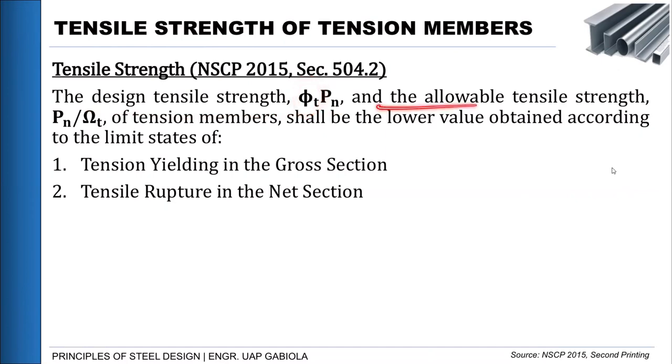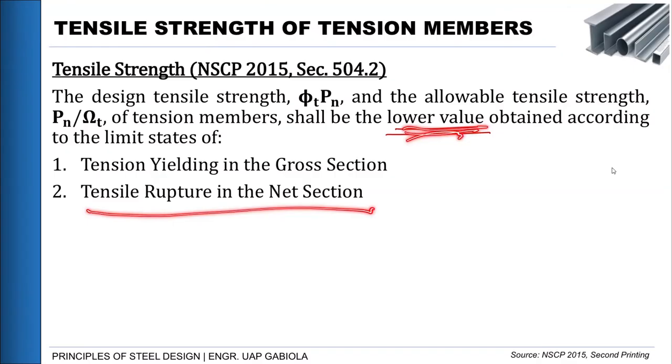And then allowable tensile strength, so over omega, so ASD yan, ang tension member shall be the lower value. Okay? So naka-specify, no? The lower value obtained according to the limit state of either tension yielding of the cross-section or tensile rupture in the net section.